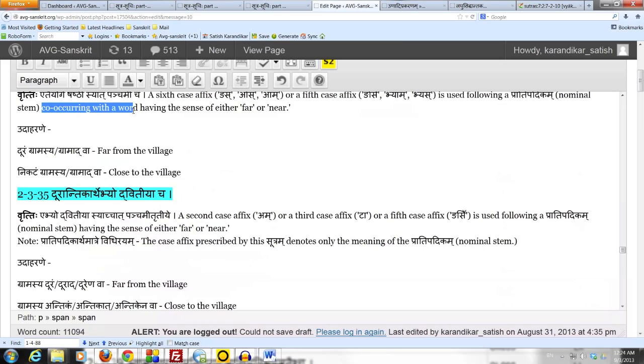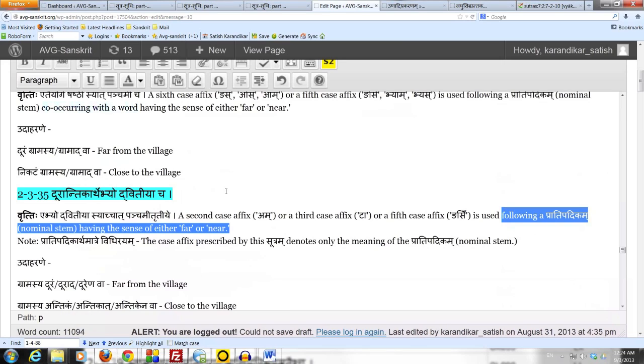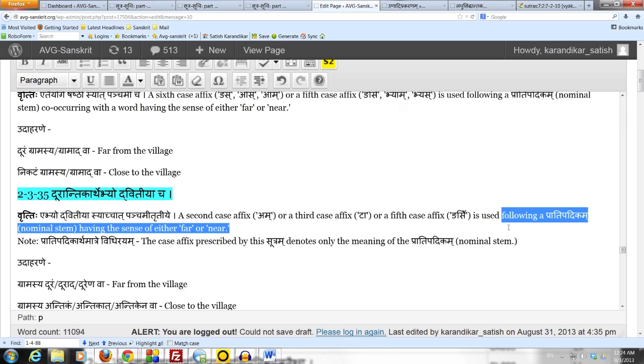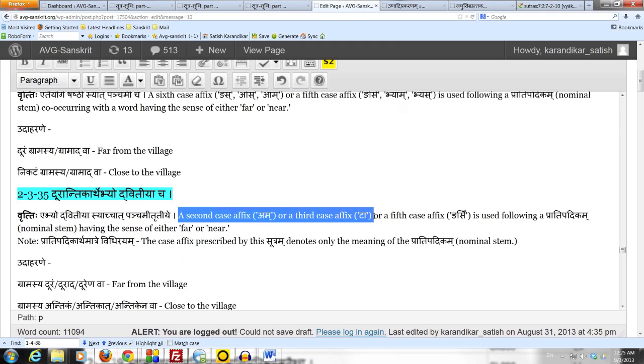Okay, the Vritti of 2.3.35 says Ebhyo Dvitiyasya Chat Panchami Tritiye. Ebhyaha Dvitiyasyat Chat Panchami Tritiye, which means that following a pratipadikam which has a meaning of either far or near, a second case affix or a third case affix ta or a fifth case affix nyasi is used.